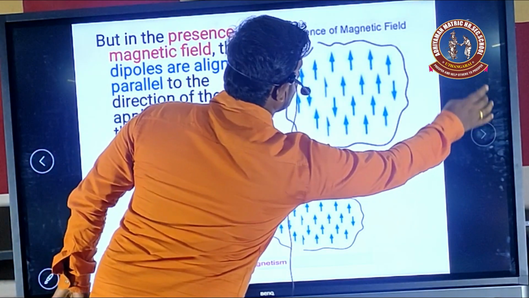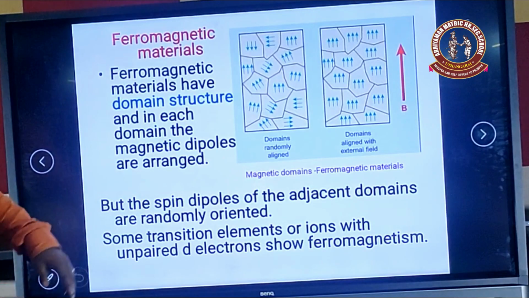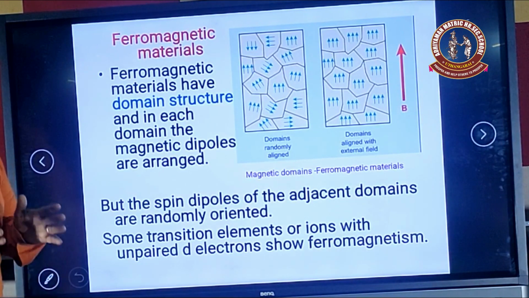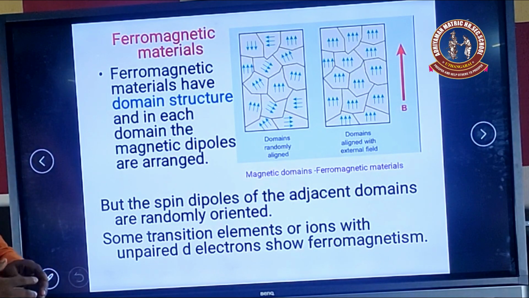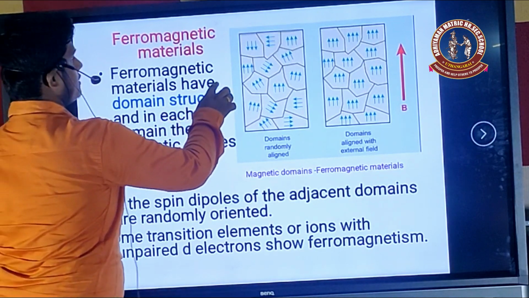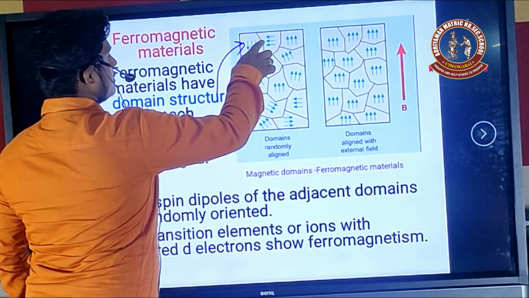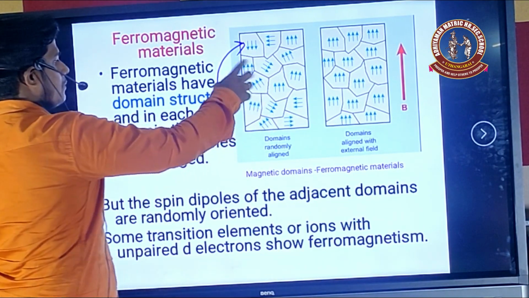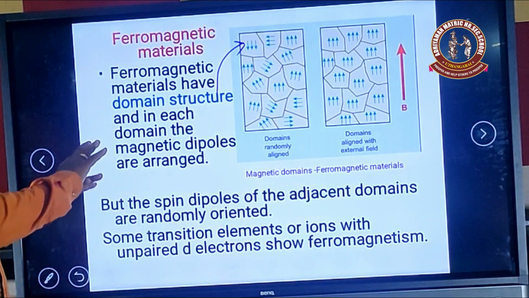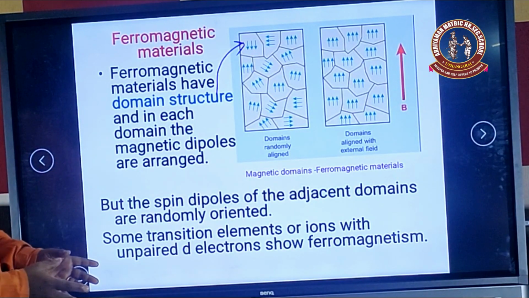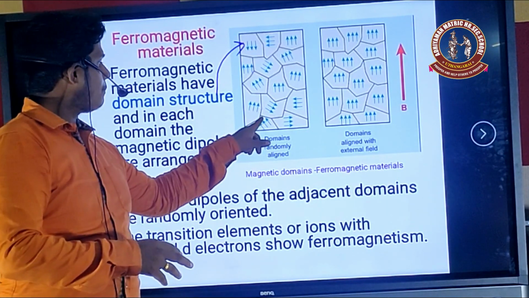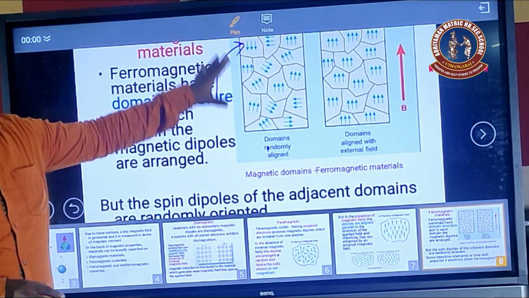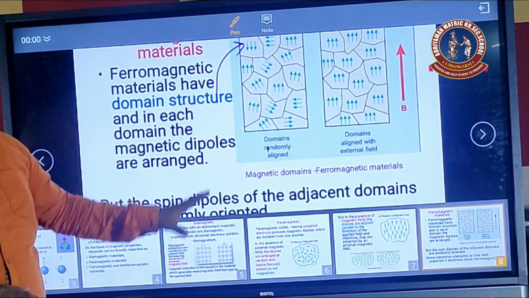Next, we move to the ferromagnetic material. A ferromagnetic substance depends on domain structures. Each domain, and its neighboring domains, have different kinds of arrangement in the absence of a magnetic field. They are randomly oriented.